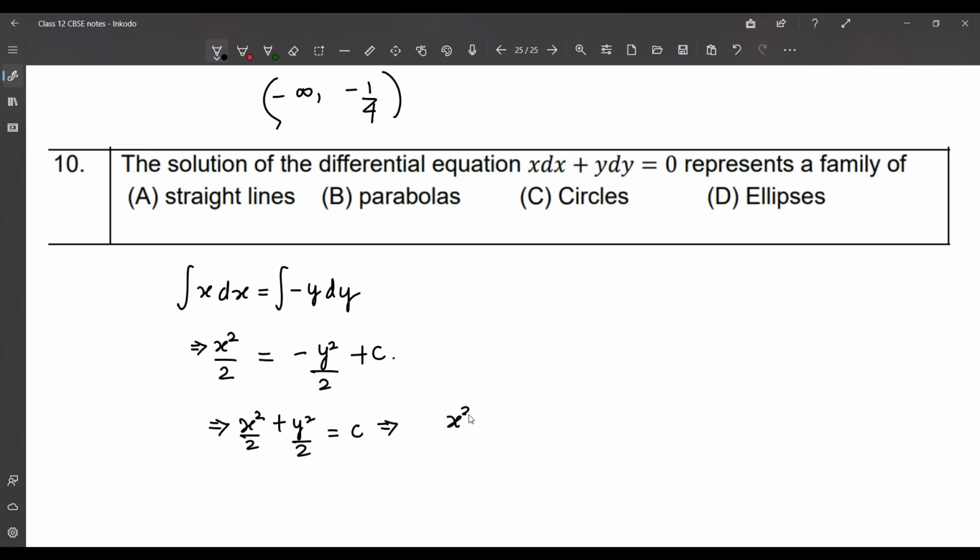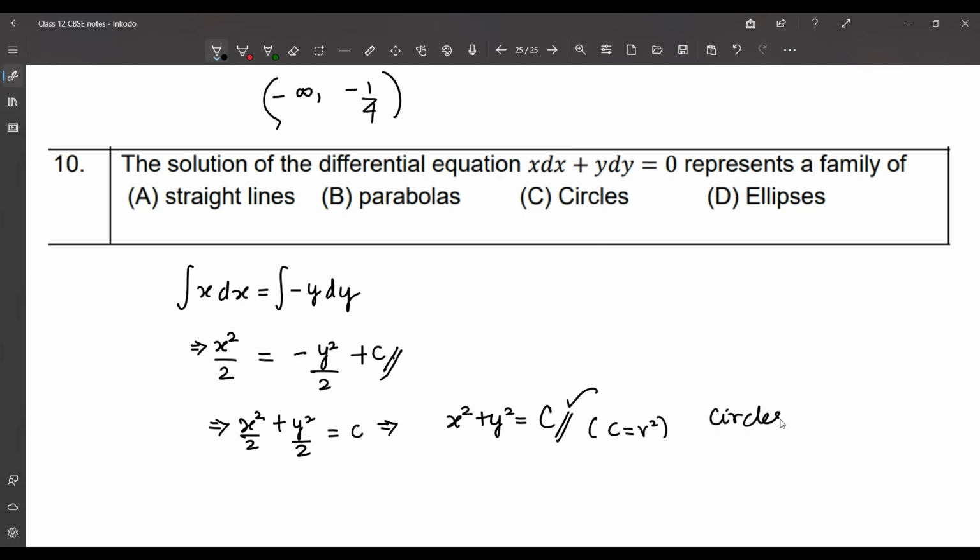this as x square plus y square is equal to some constant, which can be expressed as a square term. Because this c is a real term, this c is also expressible as a square term. So x square plus y square is equal to some r square, which is the family of circles.